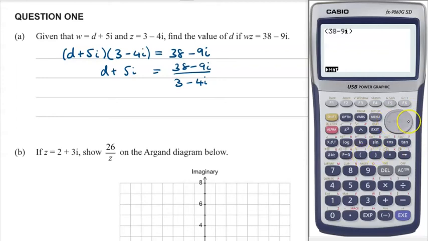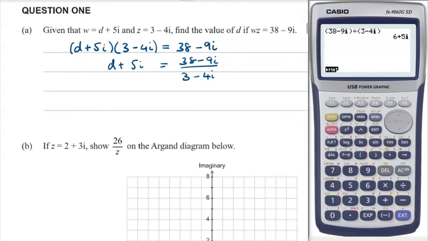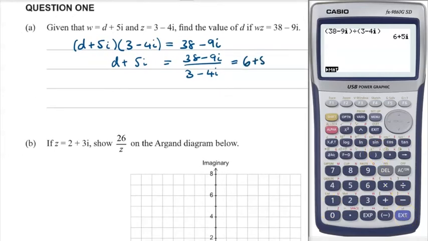Okay, and we're going to divide by 3 minus 4i, and I'm getting that i just here using the shift. Then that will come to 6 plus 5i.